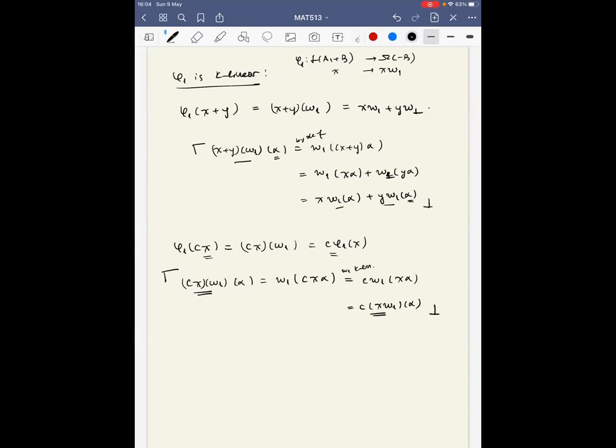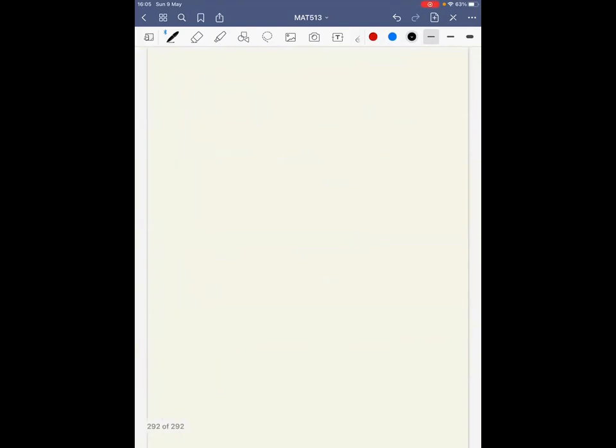And now we want to see that phi 1 is injective. Since it is k-linear, it's enough to check whether its kernel is the trivial space or not.